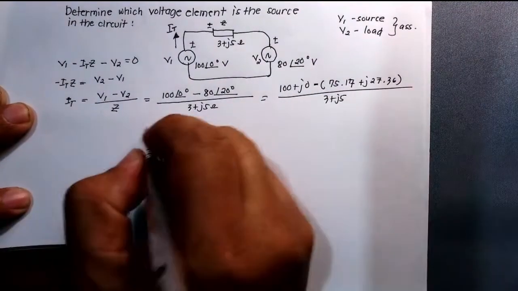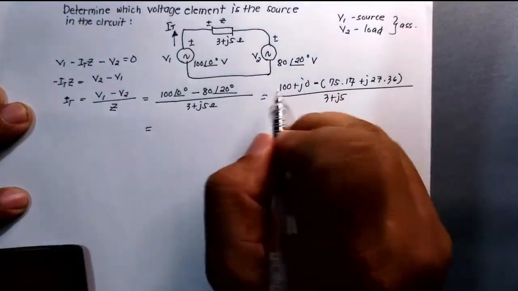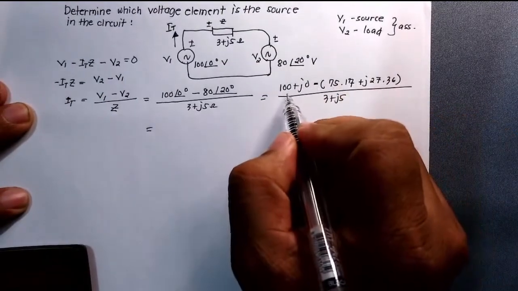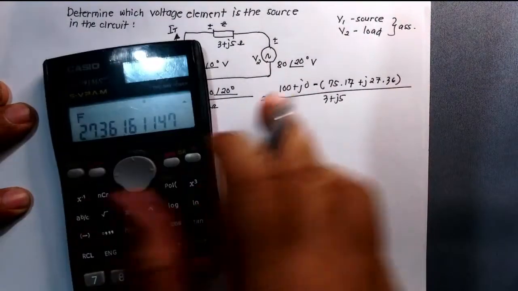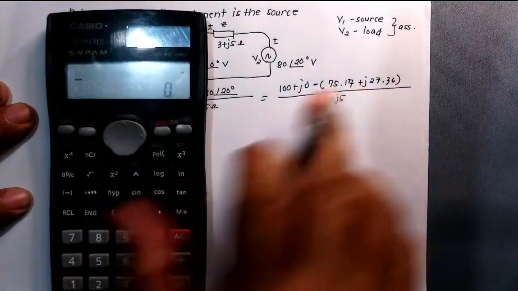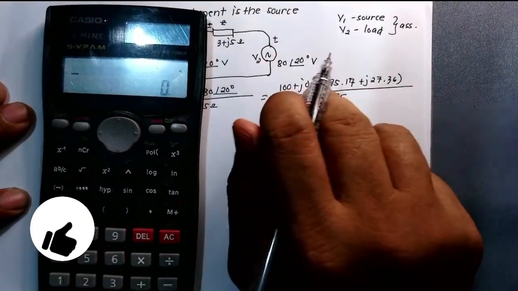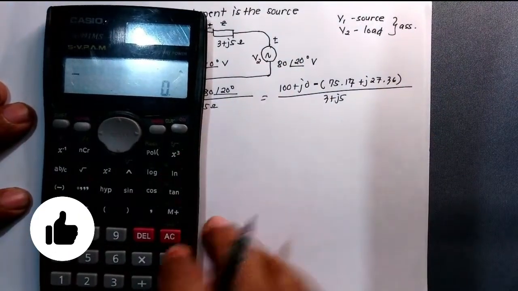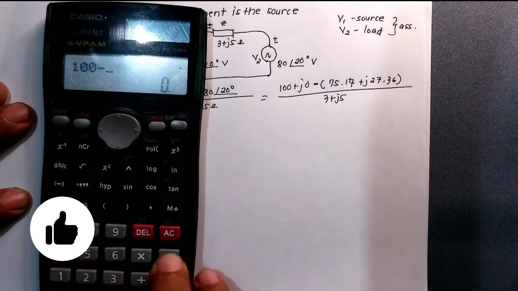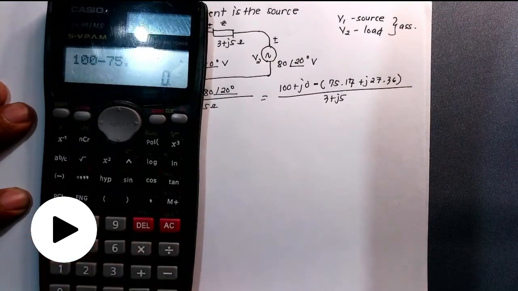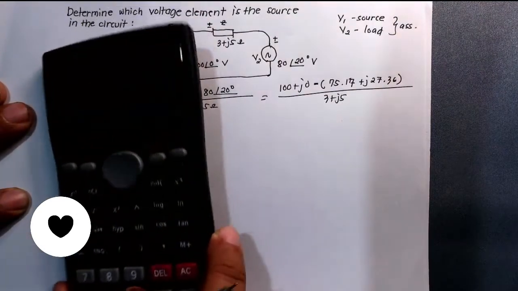Okay, and I will combine the real part here and the imaginary part. So my real part is 100, but I have here a negative sign, and when you remove the parentheses, that will become subtraction.